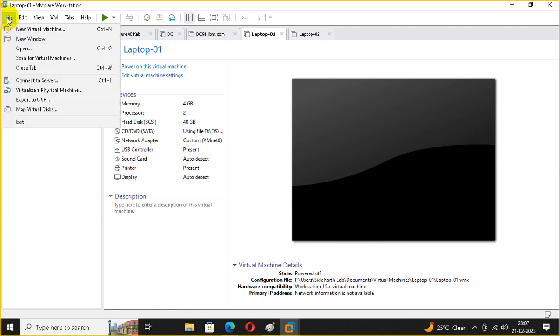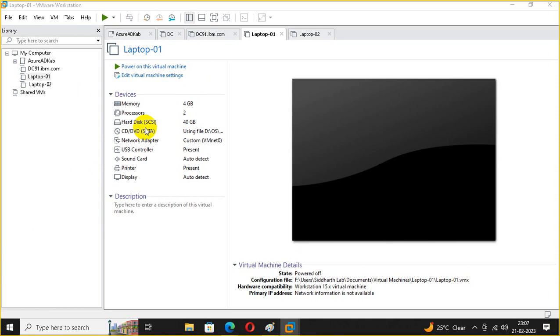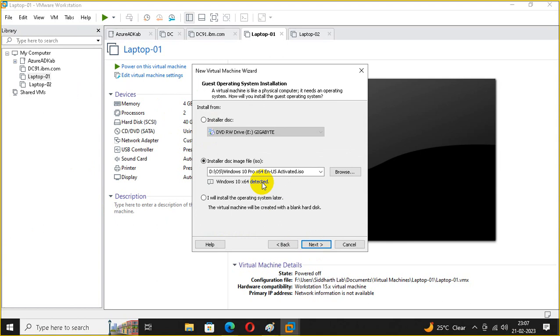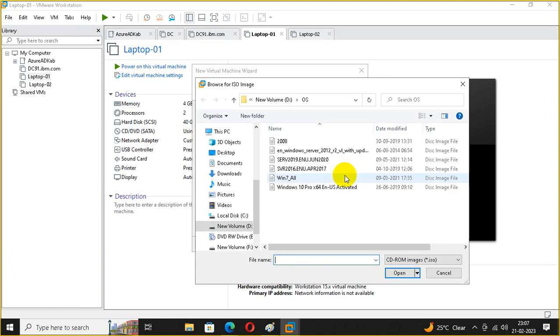Here, go to File, New Virtual Machine, and click on Next. Here we have a virtual OS library. These are all the ISO images we have mounted. We have different operating systems: Windows 2008, 2012, 2016, 2019.